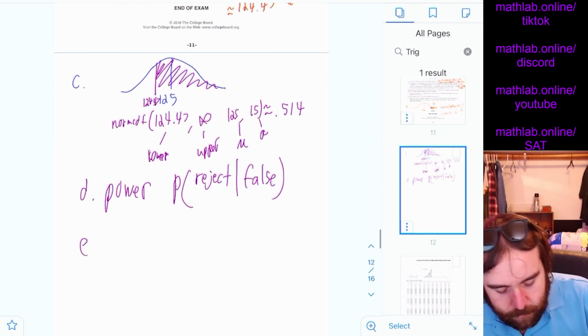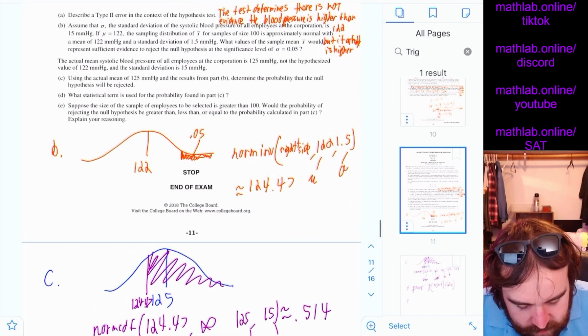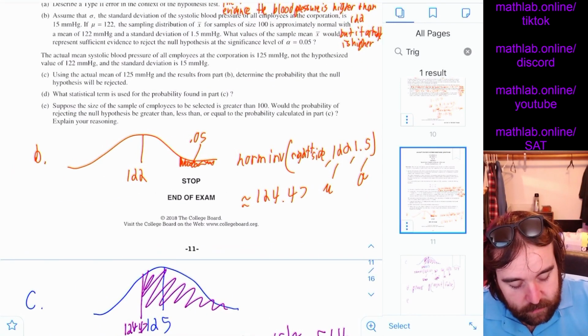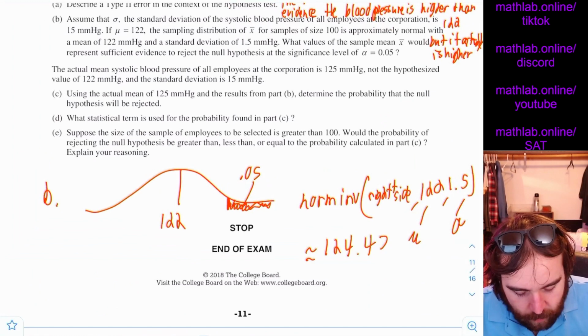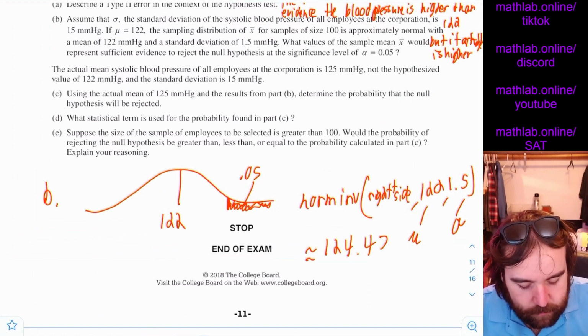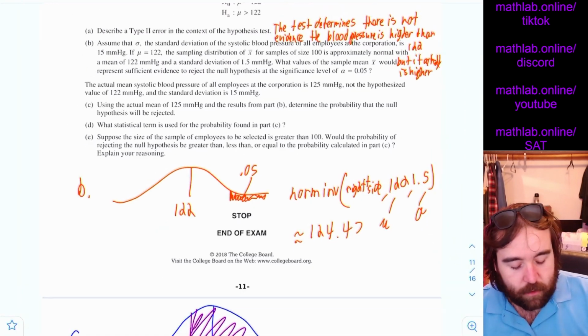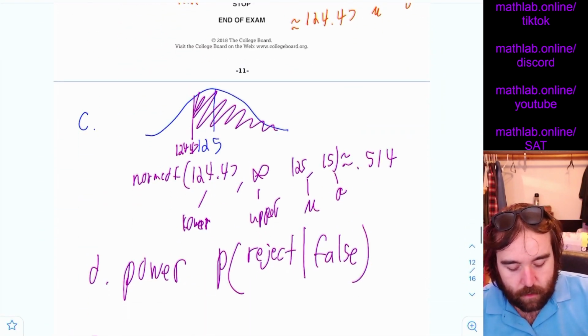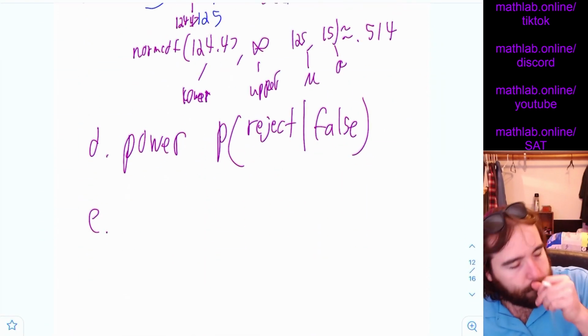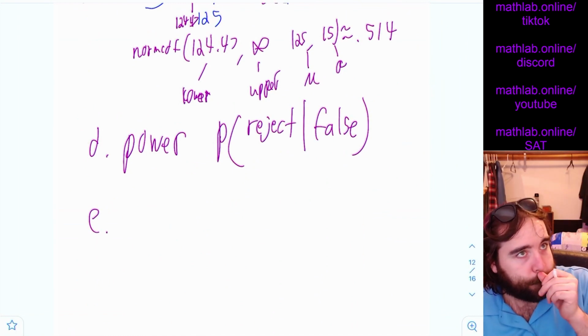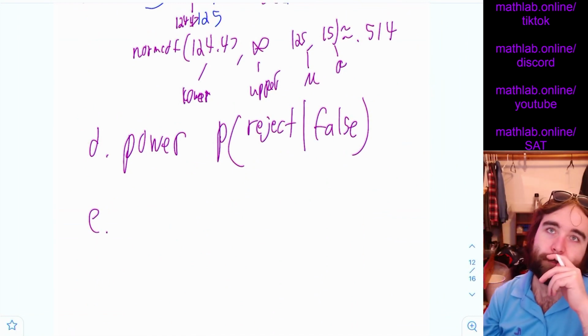Okay. E. Suppose the size of the sample of employees to be selected is greater than 100. Would the probability of rejecting the null hypothesis be greater than, less than, or equal to the probability calculated in part C? Rejecting. It'll be higher.